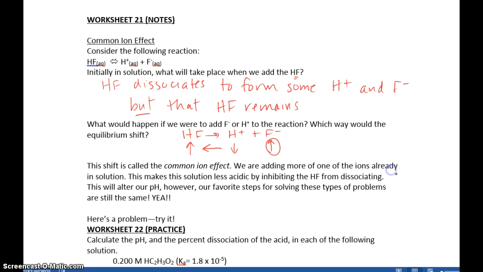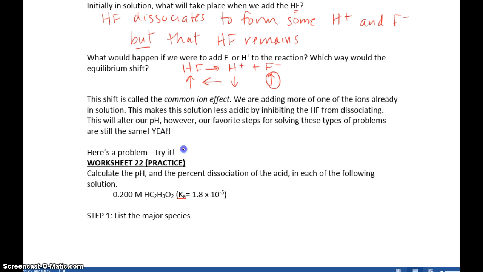So Ka is H plus times HCOO minus over HCOOH. It says find the initial concentrations of all the species involved. So I have my two species. I have my HCOOH with an initial concentration of 0.250 molar.